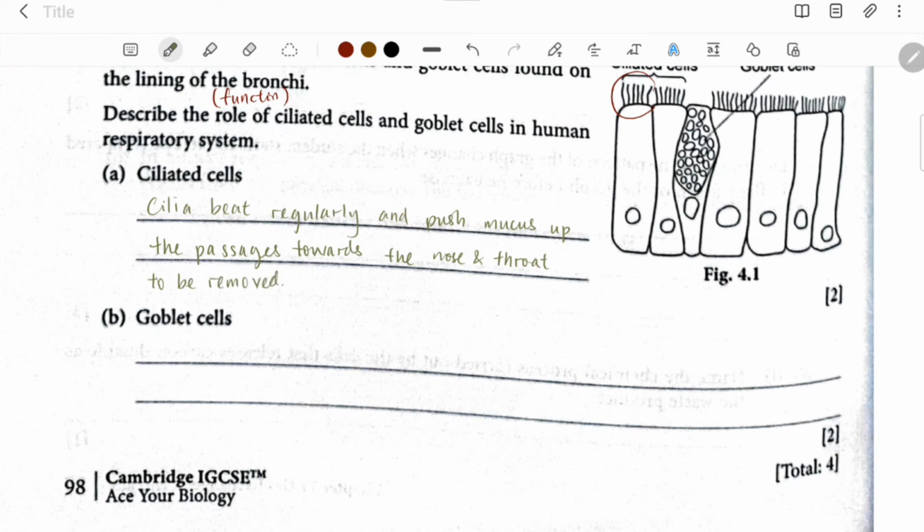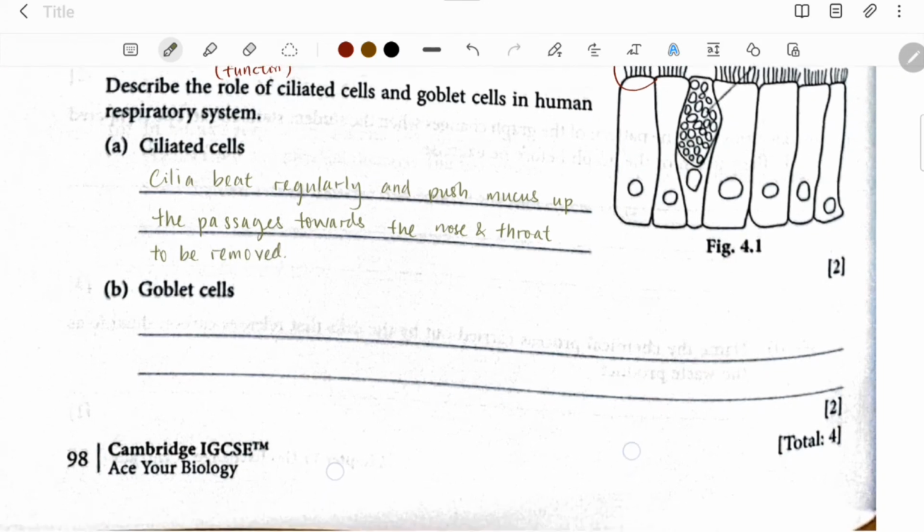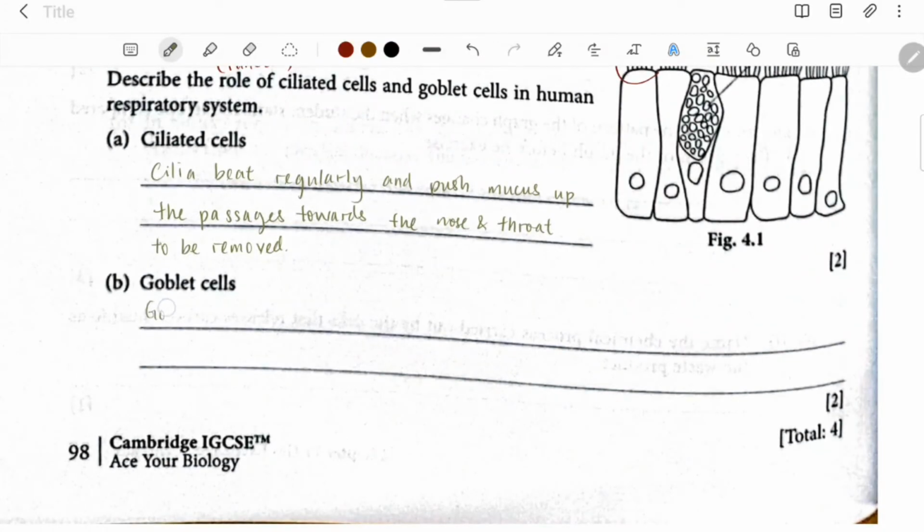Okay, goblet cells. Goblet cells produce mucus that traps particles, pathogens, and dust.